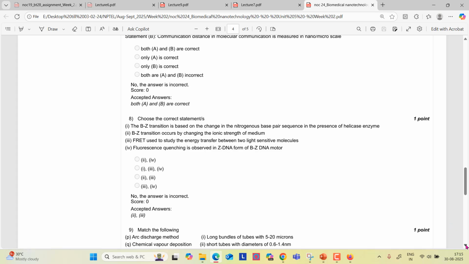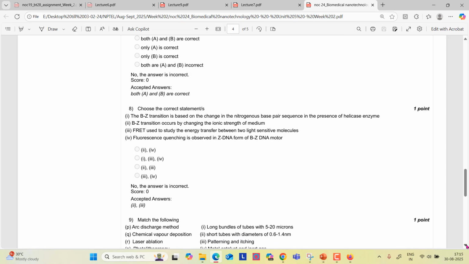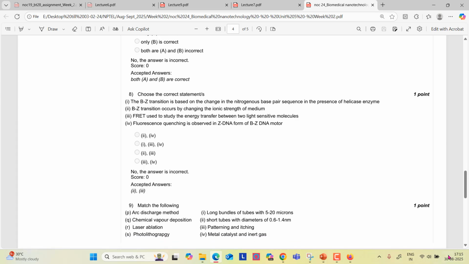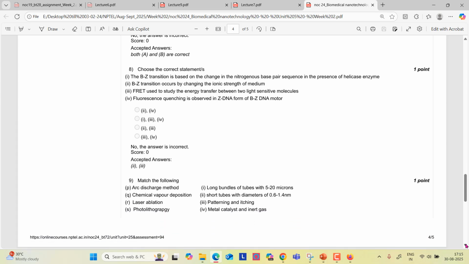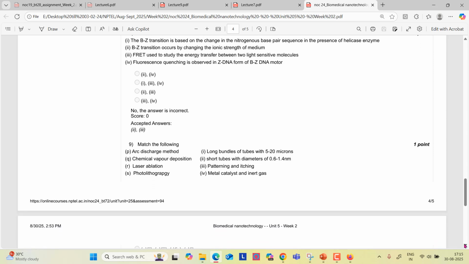This is the answer given. Let's clarify because they are giving another answer here. So this also we have done today, the match the following part. No need to do it again.